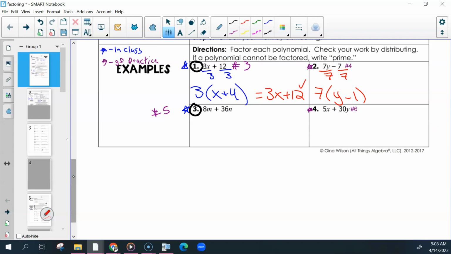I'm going to list out the factors for 3 because there are a lot for 36. So 8, we found the factors before, 1 and 8, 2 and 4. For 36, give me all the factors of 36. 6, 9, 36, 12 and 3, 3 and 12.